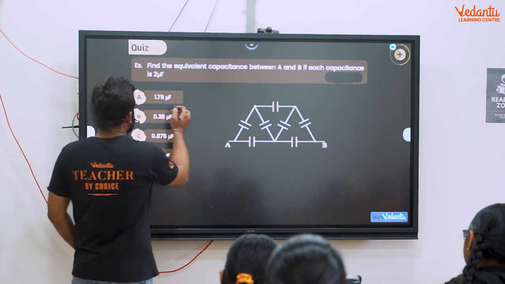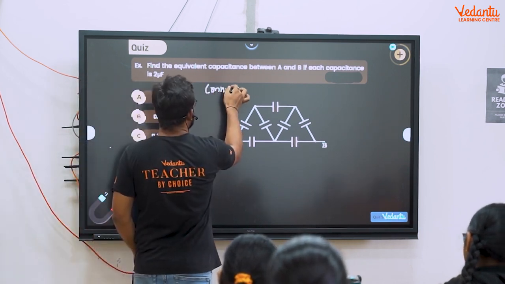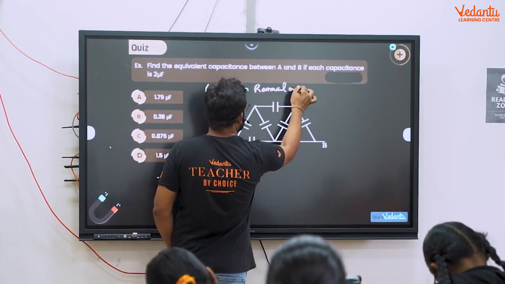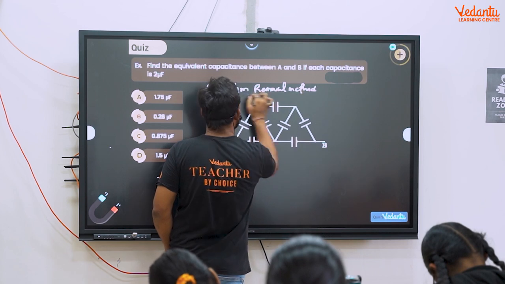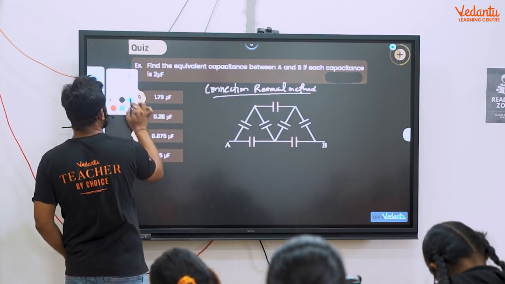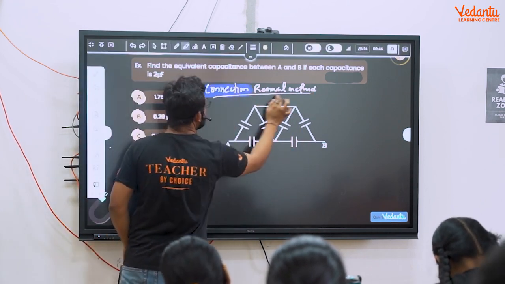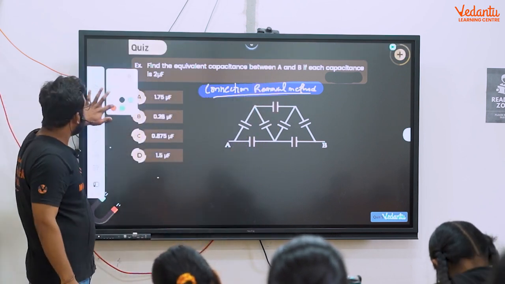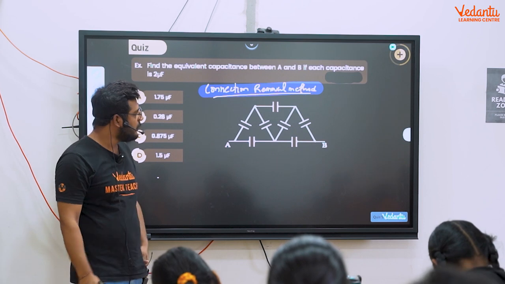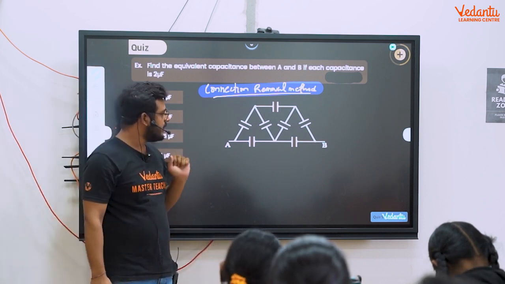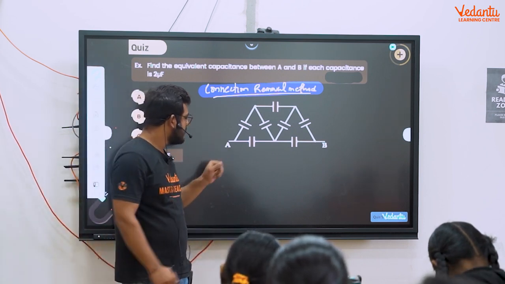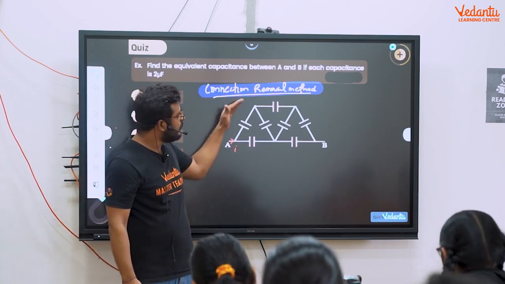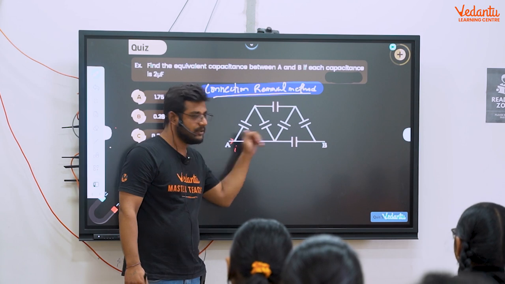So in the connection removal method, what we are going to do in this case, as we know, if you look at this circuit carefully, if current flows from here, some amount of current will go up, some amount of current will go there, right?